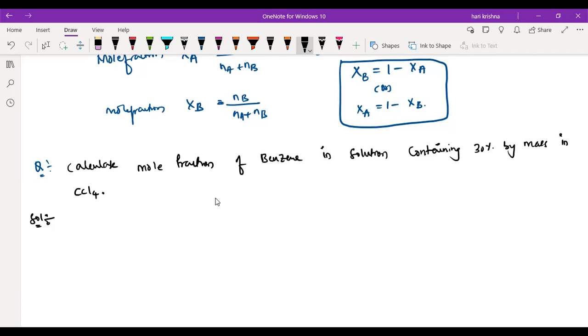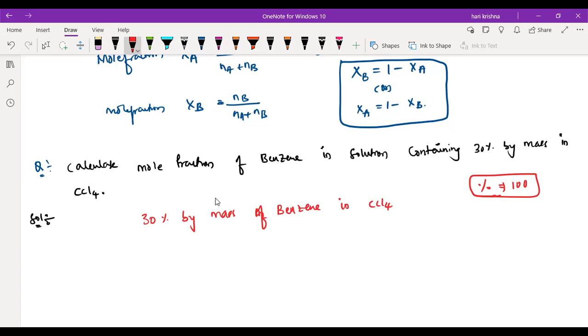First, tell me what is the meaning of 30% by mass in CCl4? If you understand this one, it will be easy for you. They said 30% by mass of benzene in CCl4. Percentage means with respect to 100, we have to take.